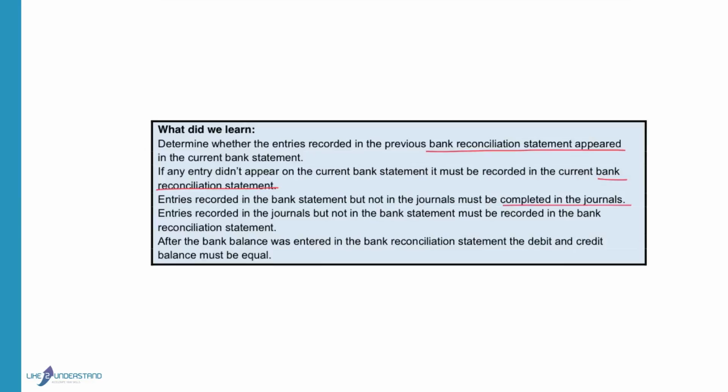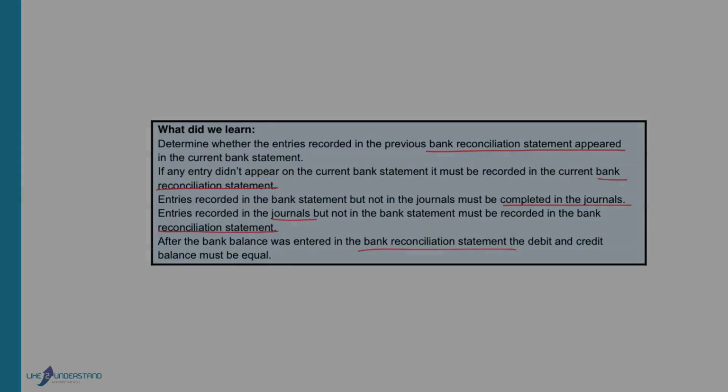Entries recorded in the journals but not on the bank statement will be recorded on the bank reconciliation statement. After all the entries were completed, the debit balance and the credit balance in the bank reconciliation statement should be the same. Otherwise, we still had a mistake that must be corrected.